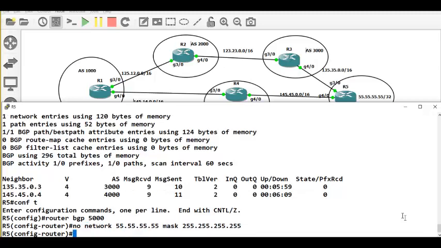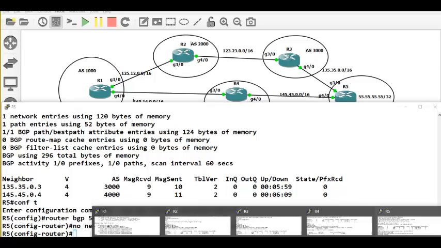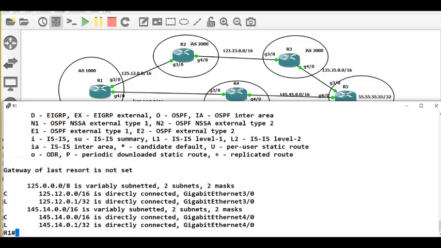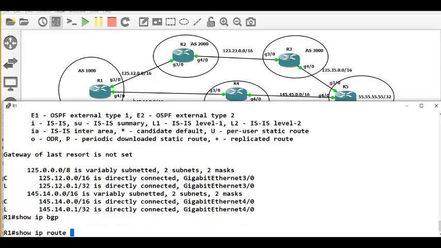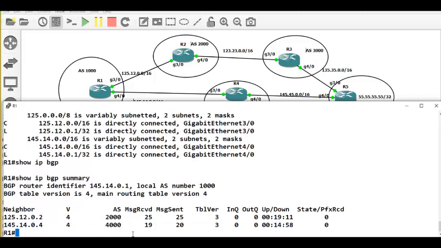When I remove, immediately it will be removed everywhere. Go to R1 and check now. It's gone. Check the BGP table. Nothing. So IP BGP summary. See, it has gone to 0 again. Show IP route. Nothing.